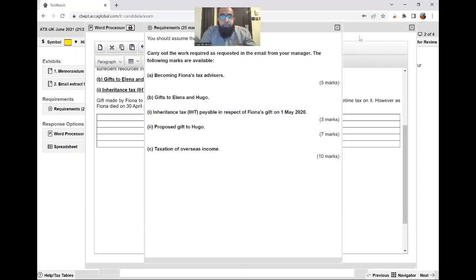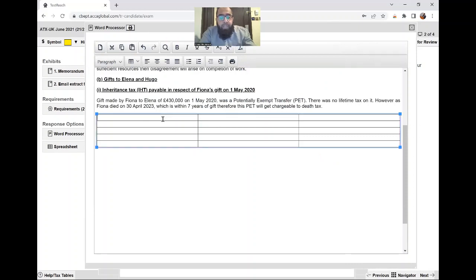So what was the value of transfer? The value of transfer was £430,000. The gift was made in May 2020, so it is fiscal year 2021. Then we will deduct the annual exemption, current year 2021.